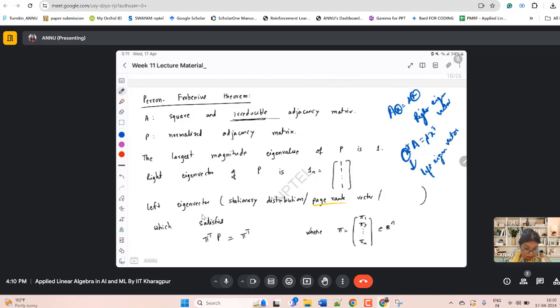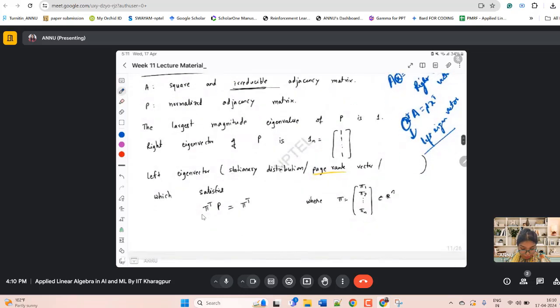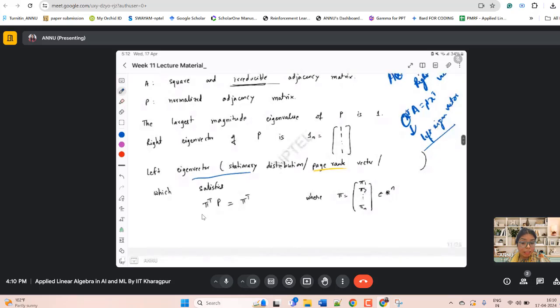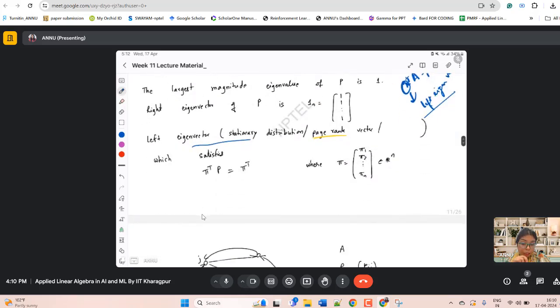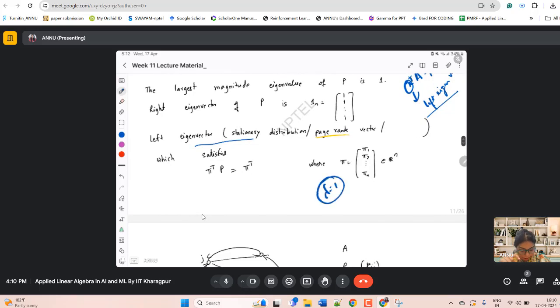In order to calculate the stationary distribution, which is different from a normal eigenvector, this is called the stationary distribution of the PageRank vector, which satisfies pi transpose P equals pi transpose, where pi is an eigenvector satisfying lambda equals 1, because that is the maximum eigenvalue.